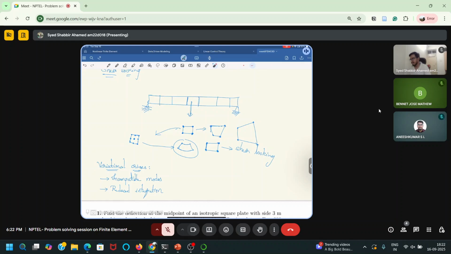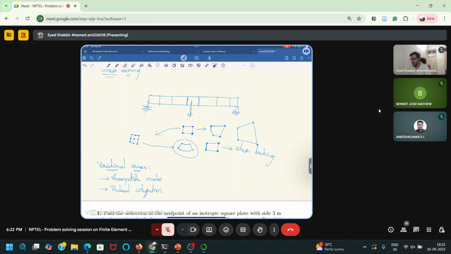If I want to do that, obviously there are some rules which I have to break. So I can do that by breaking some rules of finite element. Those are called variational crimes. It is like committing a crime or using some kind of cheat code.